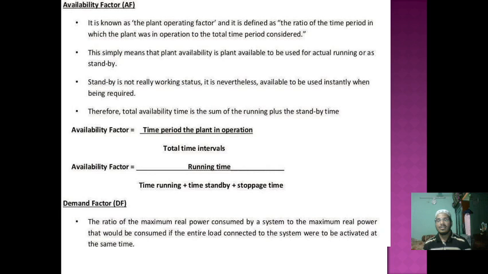Then only can we know the exact figure of the availability factor, or the availability per kilowatt, or how we can produce the remaining power. So availability factor is equal to the time period the plant is in operation divided by the total time interval. Time period means how much time will be taken in that operation for the remaining part of the kilowatts.